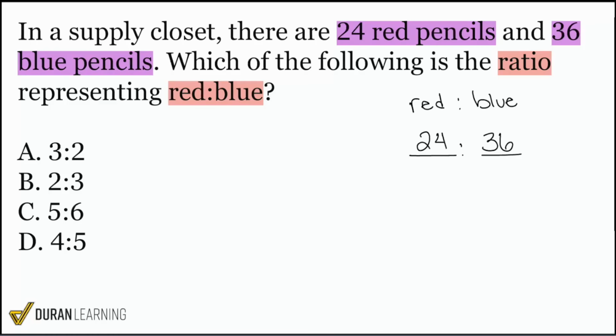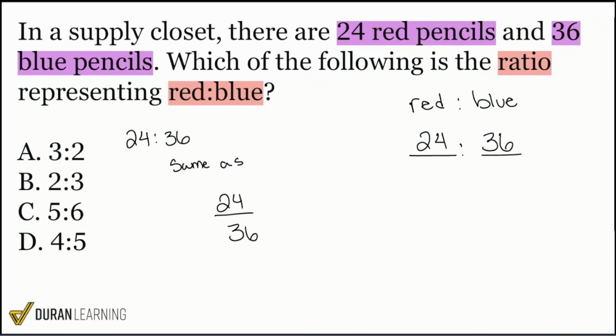It starts with an F. What is that form that it can be written in? Right on, a fraction. We can write it as a fraction. So 24 to 36, it is the same as 24 over 36. It's the same thing.